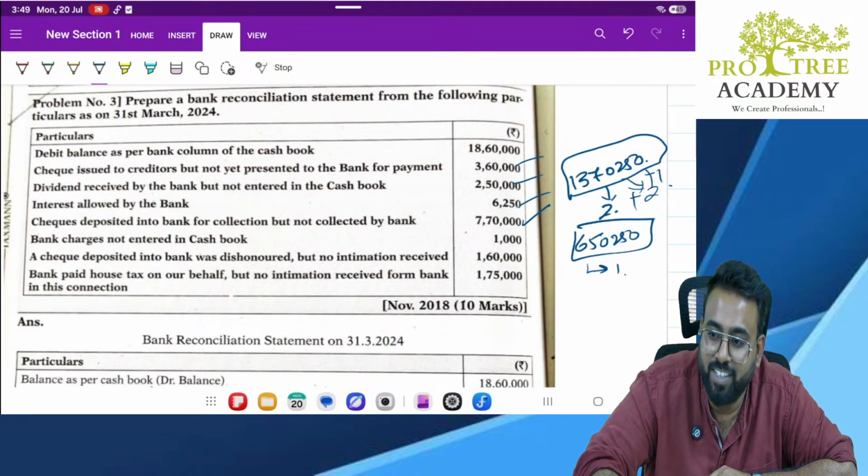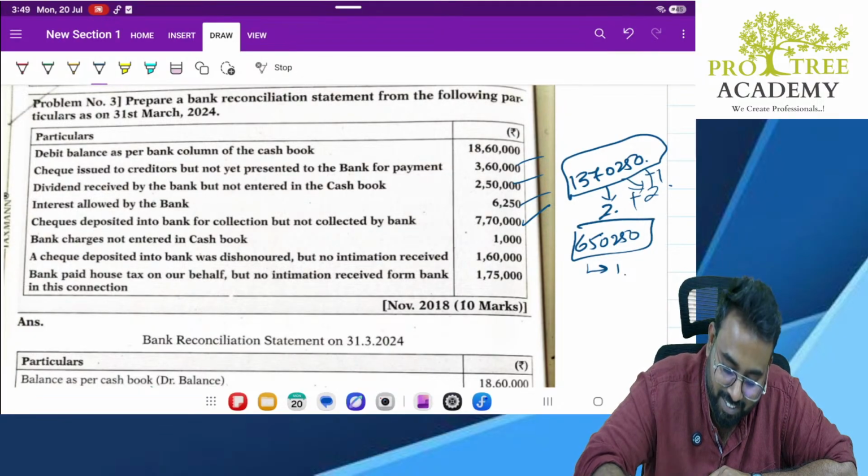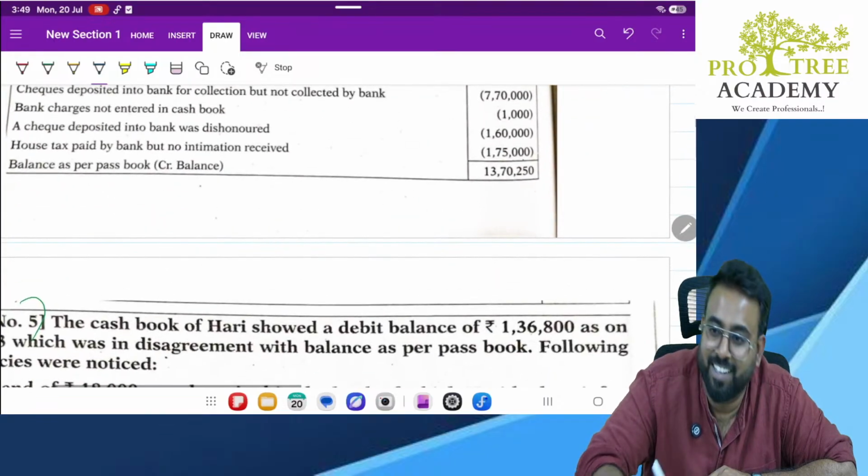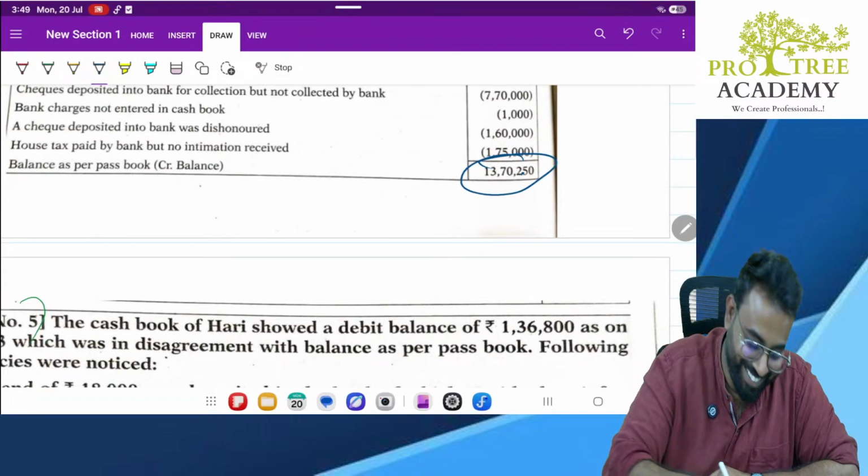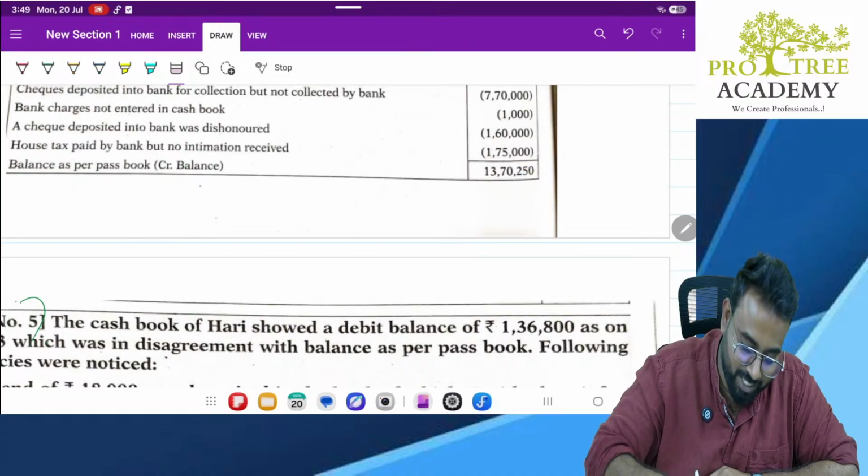Done, huh? Shall I solve it? 6 votes. Democracy wins. But this time not by votes, but by performance.